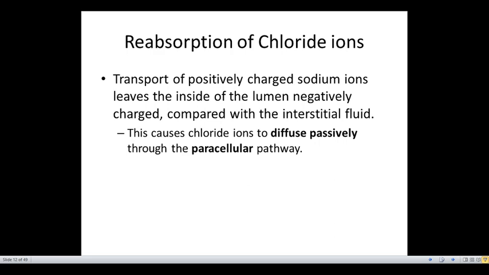Transport of positively charged sodium ions leaves the inside of the lumen negatively charged compared with the interstitial fluid. This causes chloride ions to diffuse passively through the paracellular pathway.